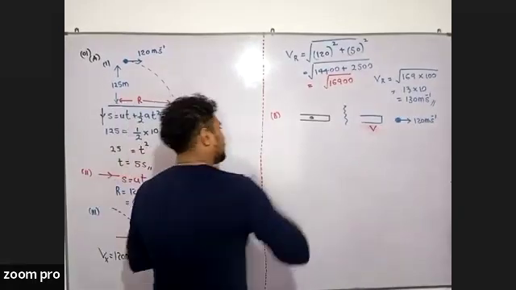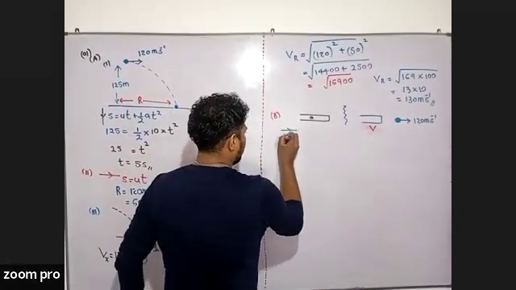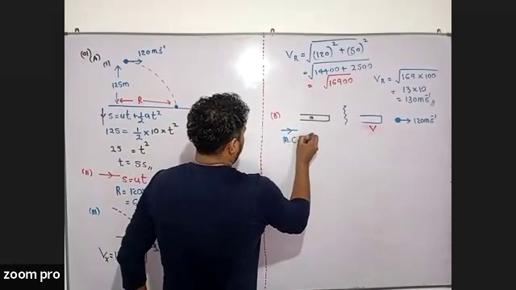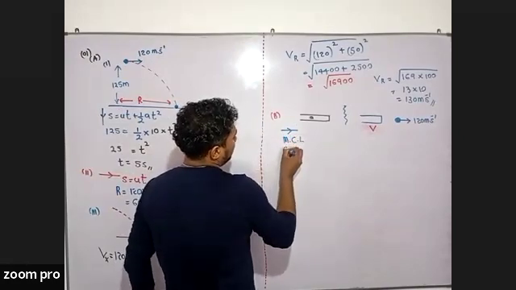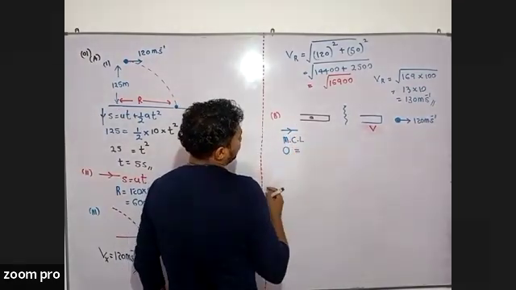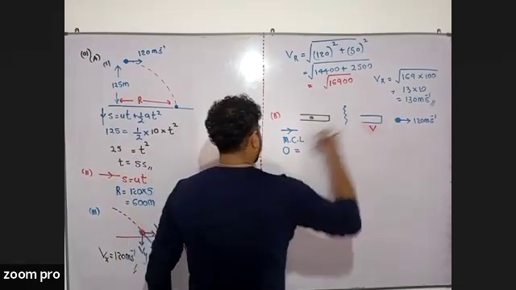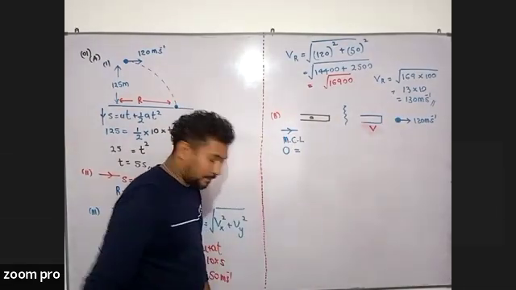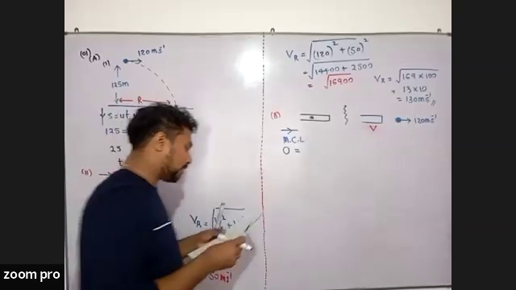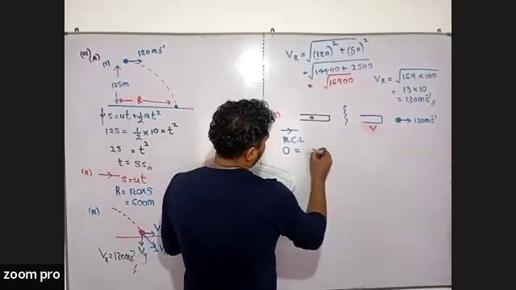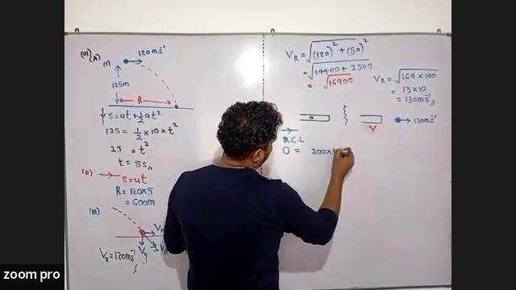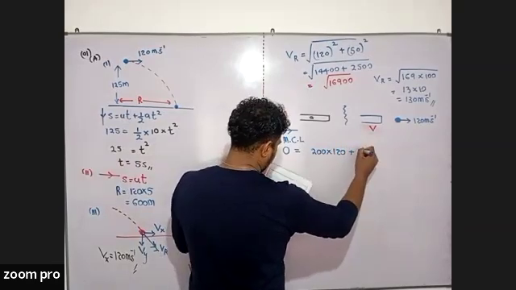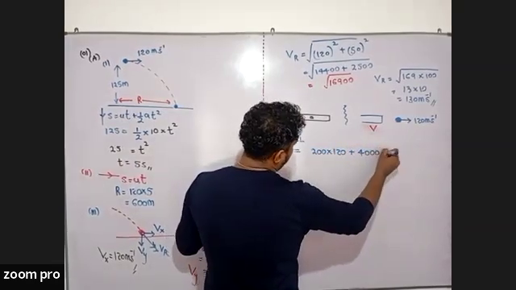If I consider the momentum conservation law, the initial momentum, that means just before the fire, is equal to 0. At this point, the mass of the bullet is equal to 200. So then 200 into 120 plus 4000 into V.